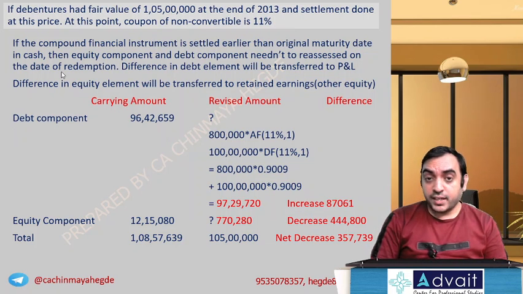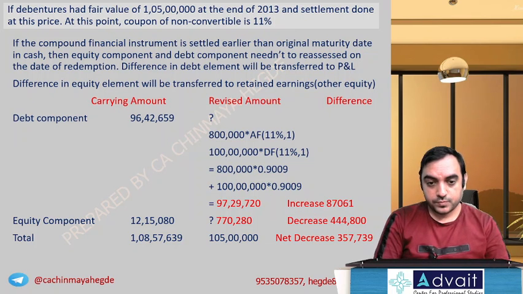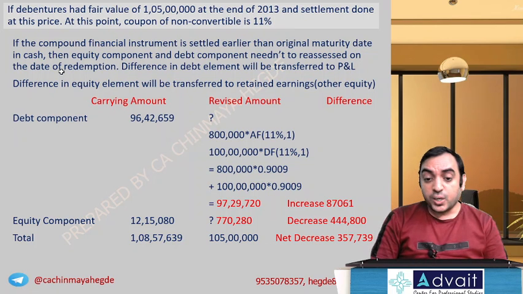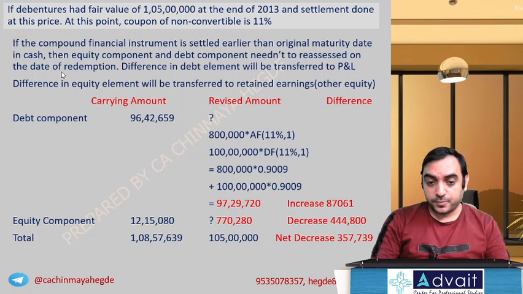And equity component is to be closed, right? 8% debentures equity component. I'm passing one combined entry, you can pass two separate entries also. Equity component as on date, 12 lakh 15,080. But you're not paid fully. You had some profit here.